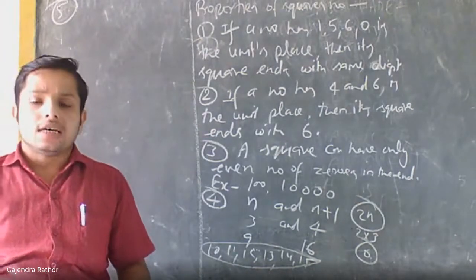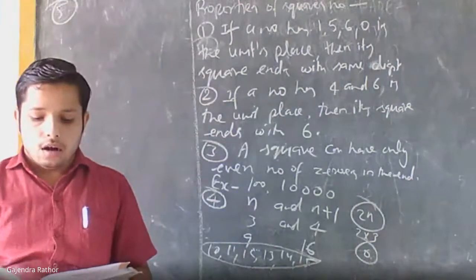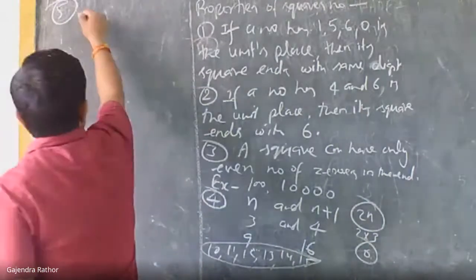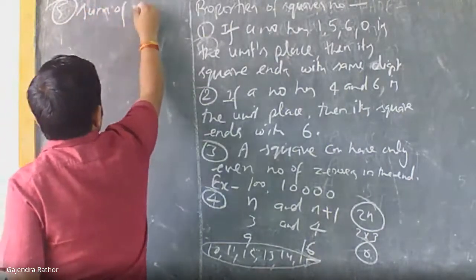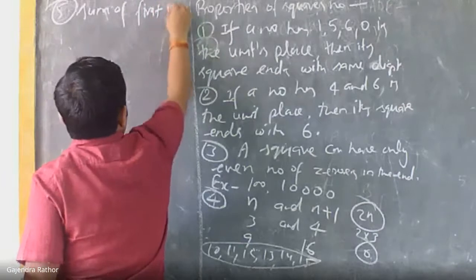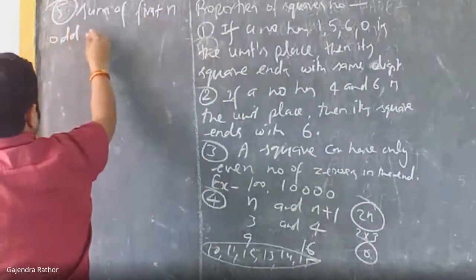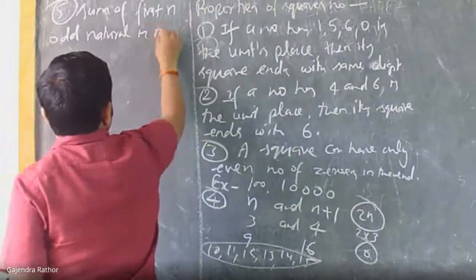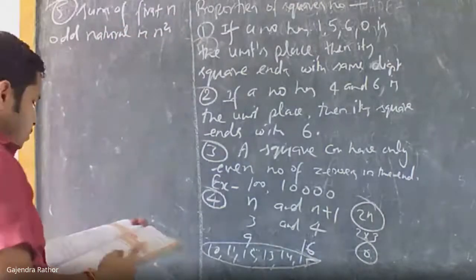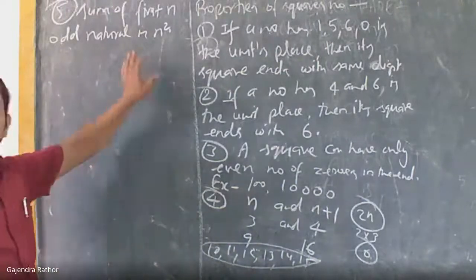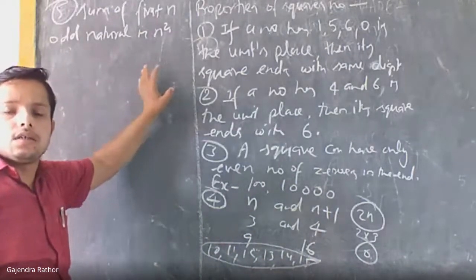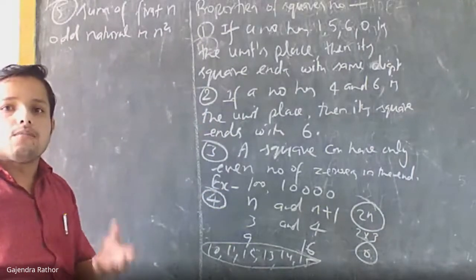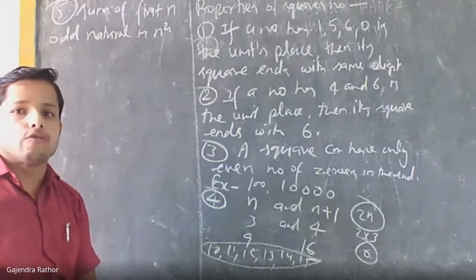The sum of the first n odd natural numbers is n square. If we add the first n odd natural numbers, then the sum of these numbers will be n square.